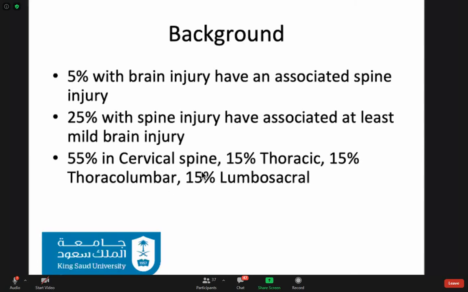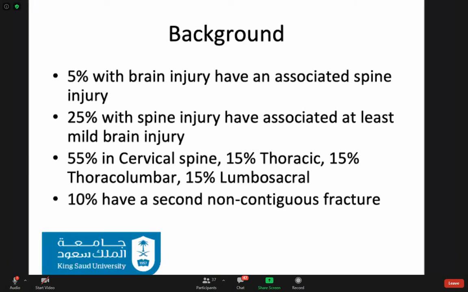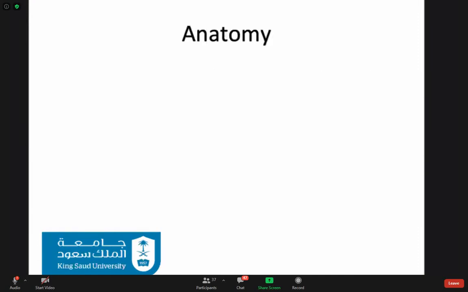The majority of the injuries are in the cervical spine, 15% thoracic, 15% thoracolumbar, 15% lumbosacral. Patients with an injury in one portion of the spine, 10% of them have a second non-contiguous injury, meaning in a different zone of the spine itself, not just the C-spine.